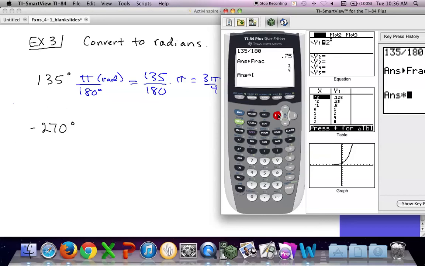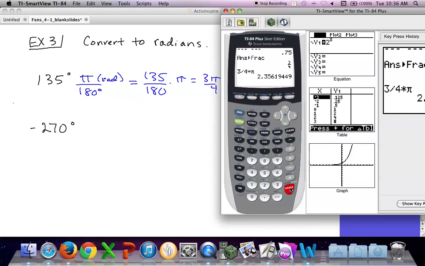Pi is on the caret. So 3/4 times pi, and that would turn it into a decimal: 2.36.